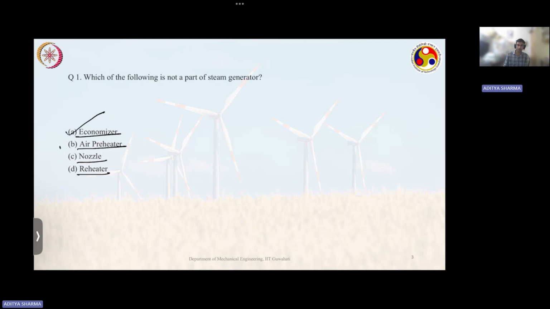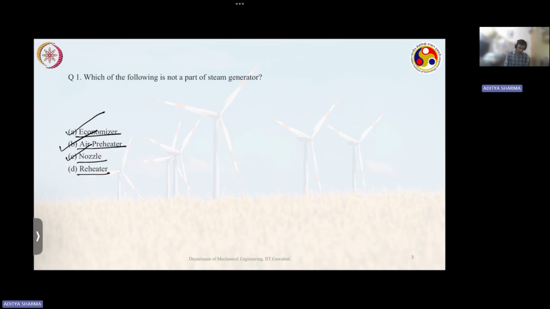Air preheater is where you preheat your air through flue gases, then it goes to your furnace, right? Then is your nozzle. We have seen in our previous lecture that nozzles are linked to your turbines, right?